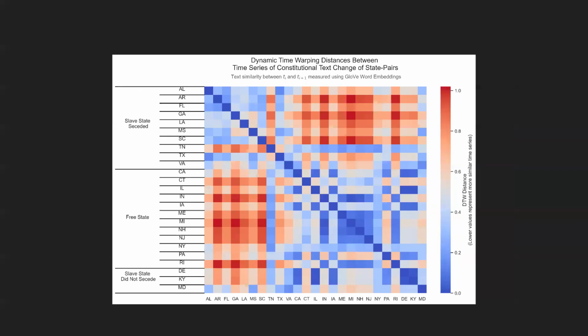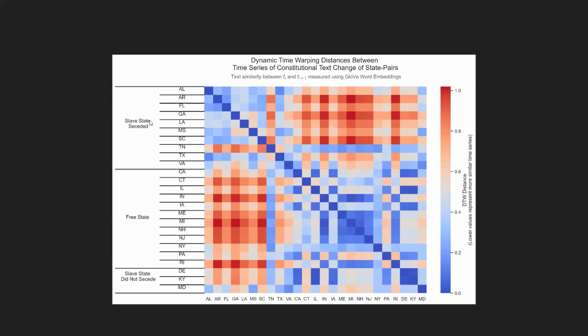To visualize this, I created a heat map where I'm comparing every pair of states, and the bluer the color, the more similar they are in their time series, or the lower the dynamic time warping distance is. So that means they are a lot more similar.